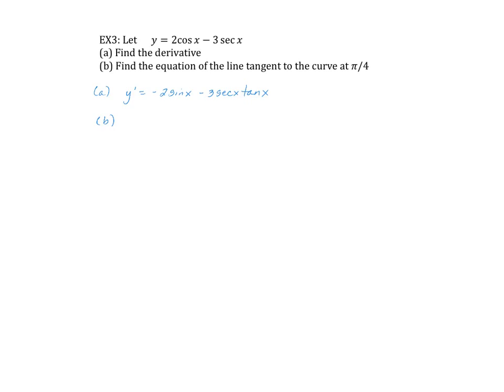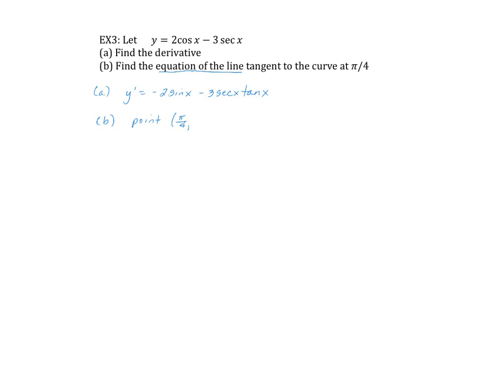So since we're trying to find the equation of a line, we need a point and we need a slope. Well, the point that we're using is x equal to pi over 4. And if x is equal to pi over 4, then the y value is cosine of pi over 4, which is square root 2 over 2.